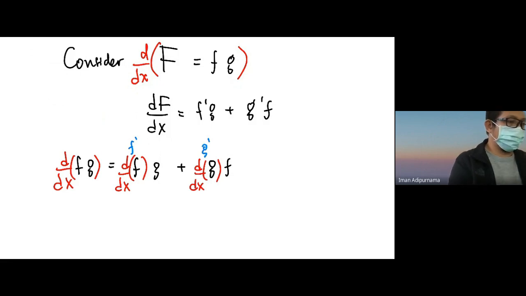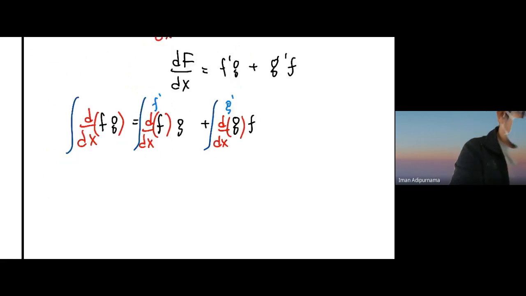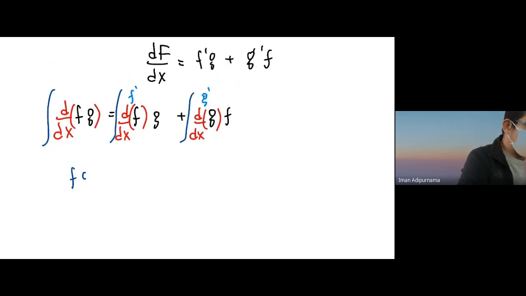Now the next thing, let's integrate this. Taking the integral, we can remove the derivative on this part because of the fundamental theorem of calculus, so this will be fg.